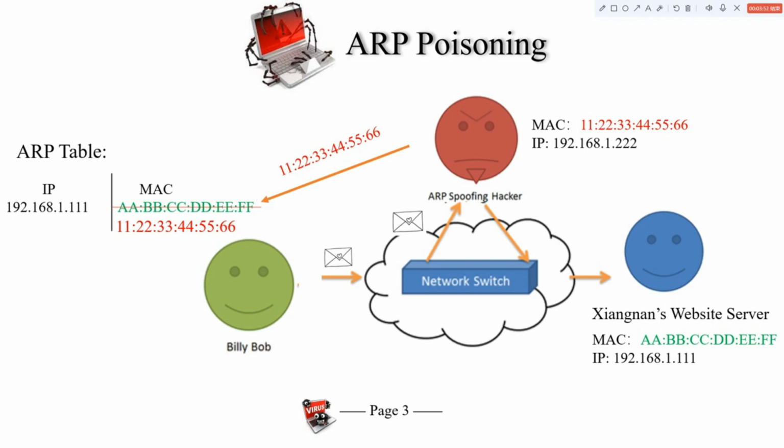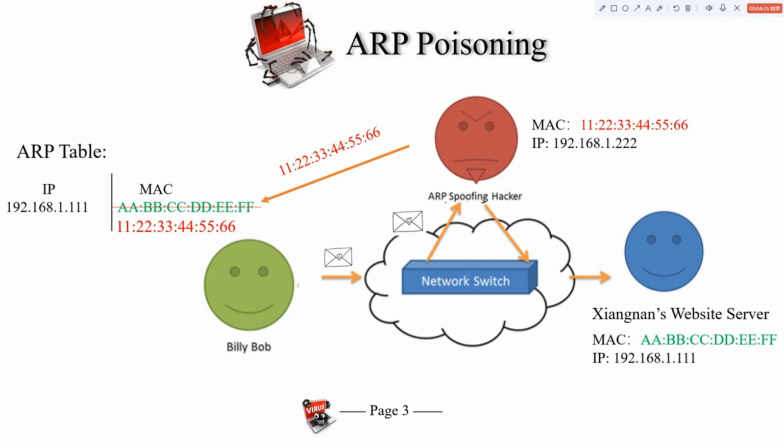The general idea of ARP poisoning is to change the ARP table inside the user's computer, so that when the user wants to access this IP address, which is the server's IP, he will use the attacker's MAC address. So the attacker will get the request packet, and then he can do some bad things.